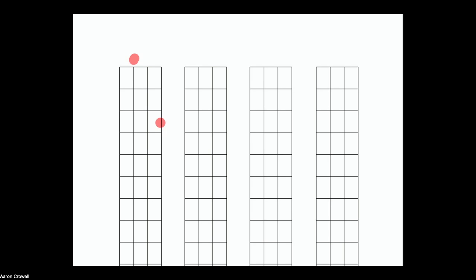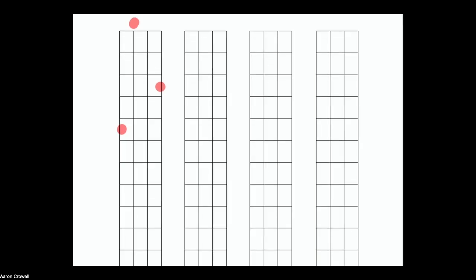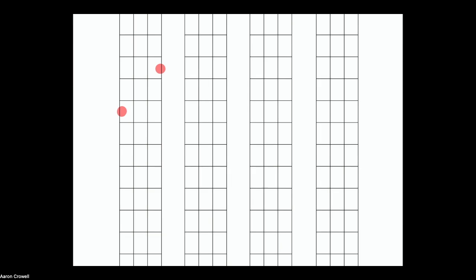Takes us to the 4th string. And then from here, it's the same thing as it was on the 3rd string. We would skip 1 string and 2 frets. Gives us that picture.